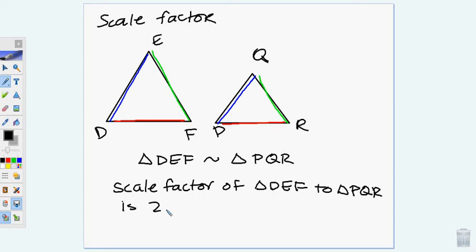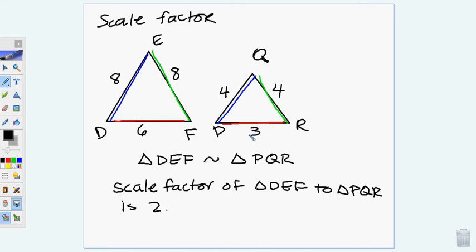So if I tell you that DE is 8, to find PQ I use that factor of 2. It's obviously smaller, so it's going to be 4. Let's say the other leg is the same length, so it'll also be 4. And let's say the bottom leg is 6. That would make it 3.